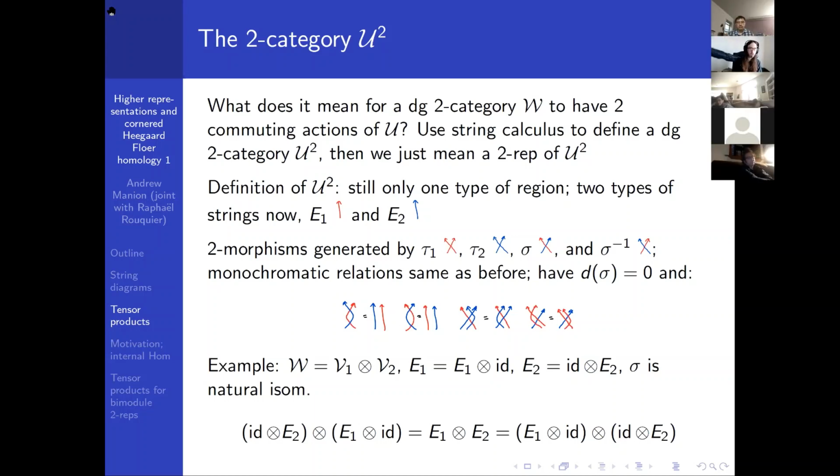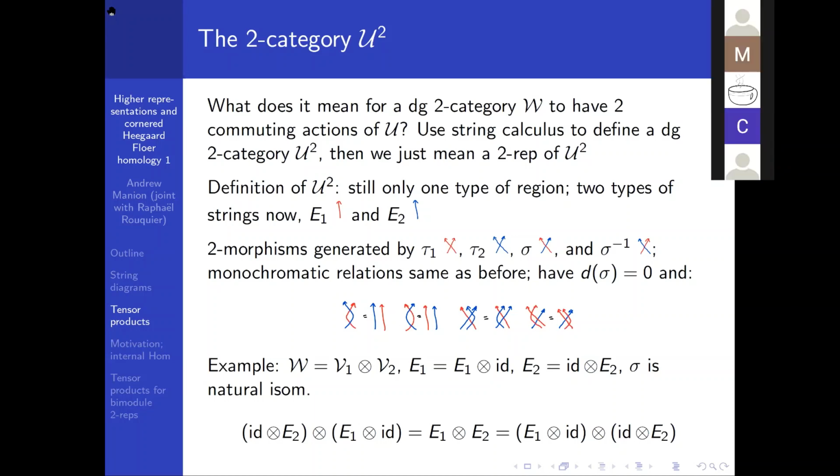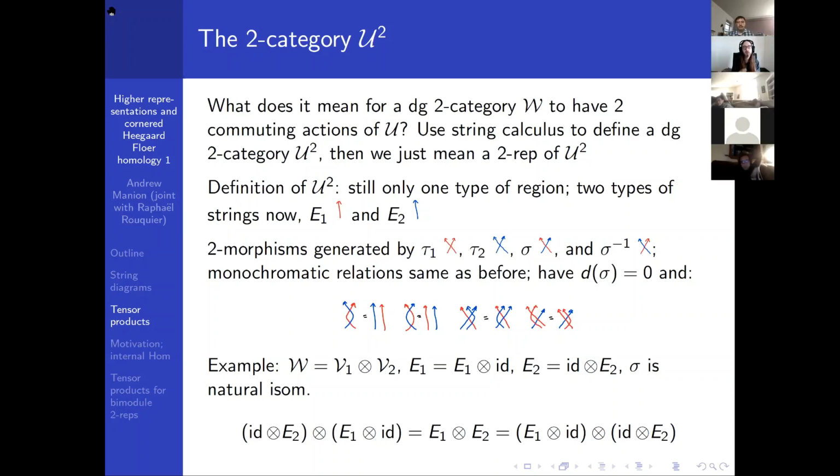Sigma is the natural isomorphism from the left to the right here, from identity tensor E2, tensor E1 tensor identity to the other way around. So it's just this swap map because both of these are just E1 tensor E2. So we have this data.